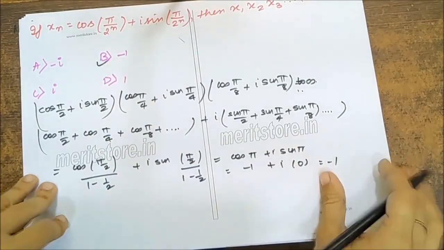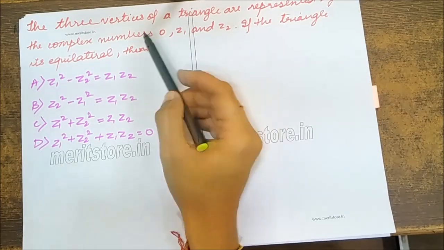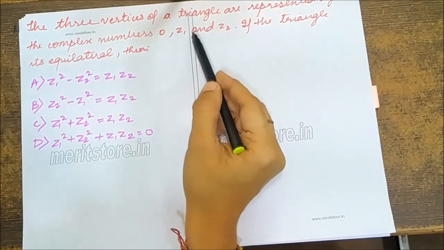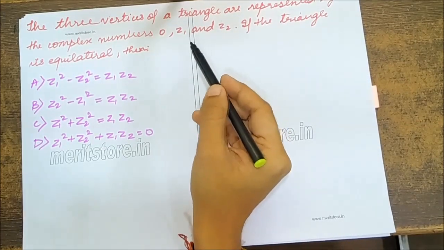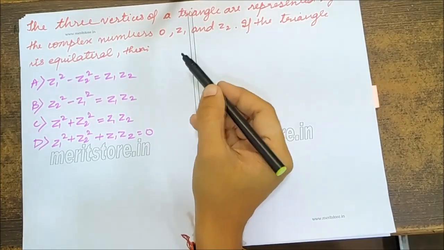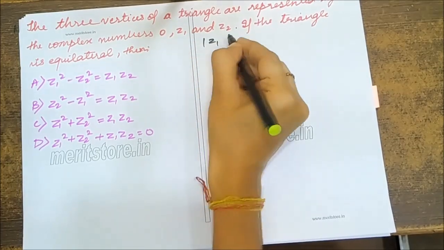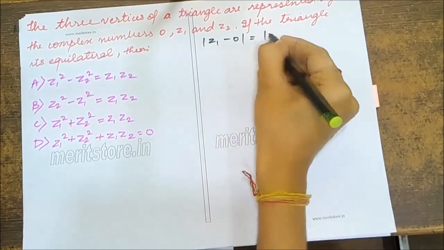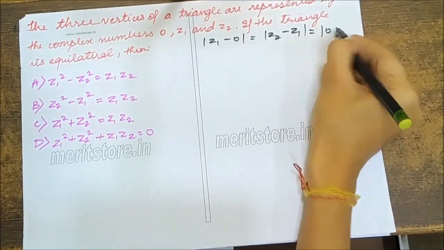the answer is minus 1. The three vertices of a triangle are represented by the complex numbers 0, z1 and z2. If the triangle is an equilateral triangle, okay. Now since the triangle is an equilateral triangle, I would say z1 minus 0 is equal to z2 minus z1 is equal to 0 minus z2.